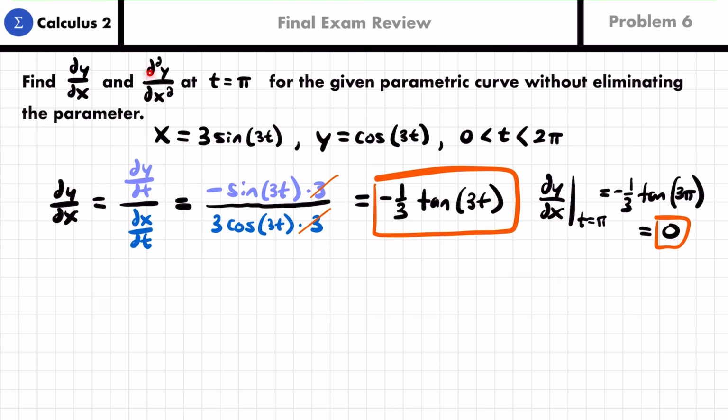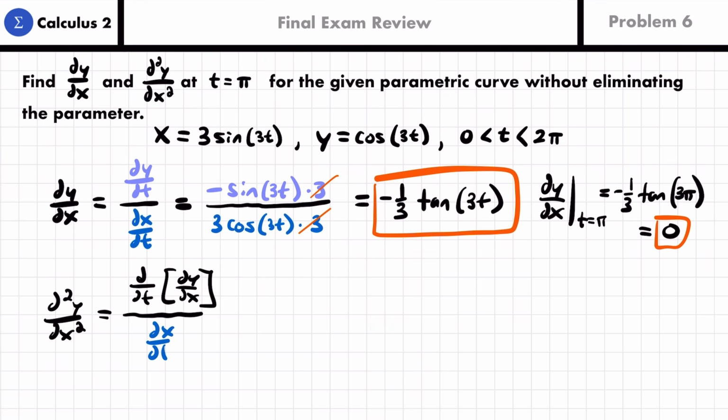But now let's work on the second derivative. We want to find d squared y divided by dx squared. And so remember, to find the second parametric derivative, what you do is you take the derivative with respect to t of the first parametric derivative, dy dx, and you divide it by dx dt, or the derivative of x with respect to t, the same exact expression that was in the denominator of dy dx.